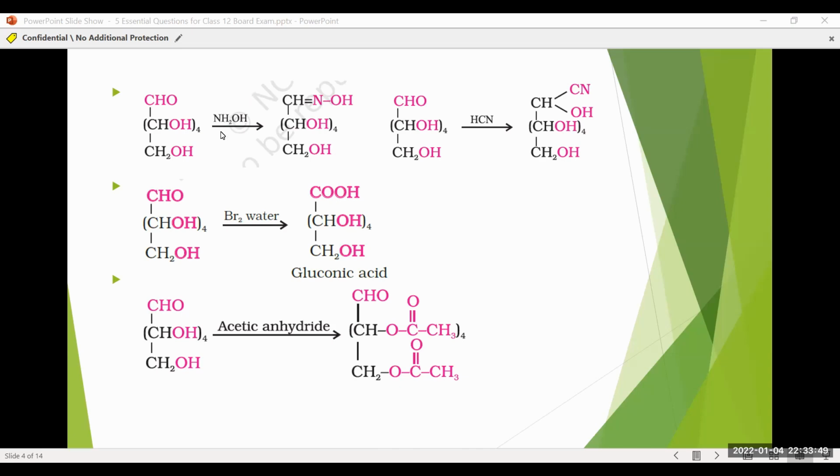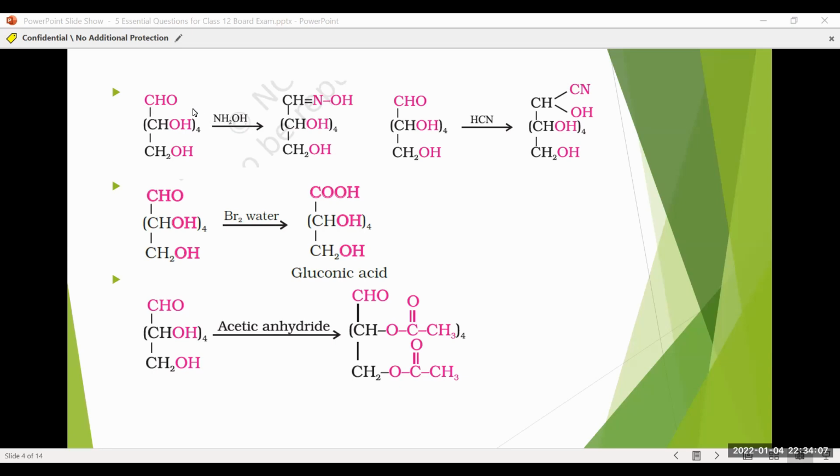One is with hydroxylamine. As you know, hydroxylamine is a substituted compound of ammonia, replacing H of NH3 by OH. It is written as NH2OH.